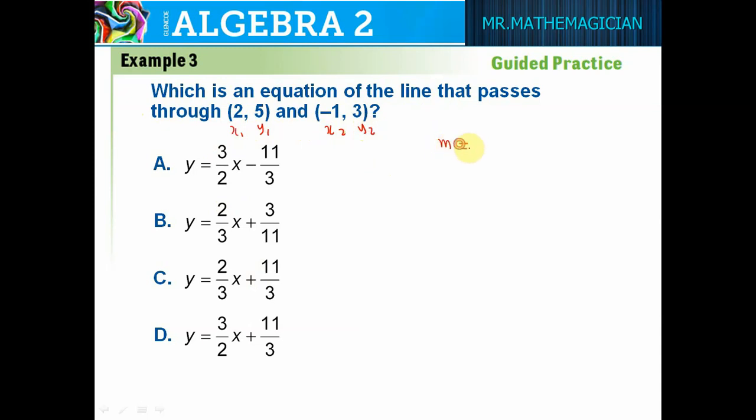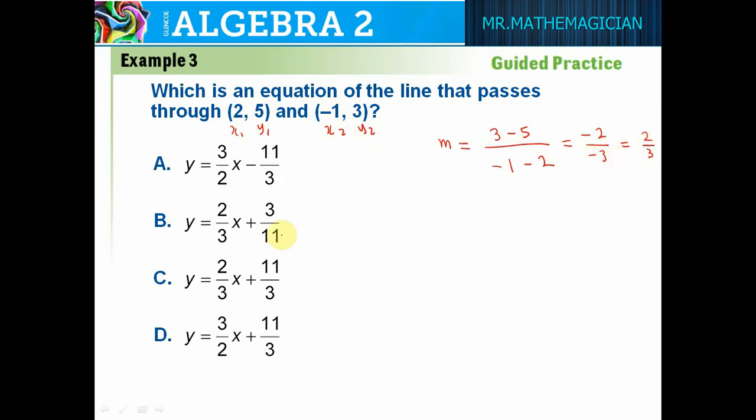M equals y2 minus y1, 3 minus 5, over x2 minus x1, so negative 1 minus 2. 3 minus 5 is negative 2 over negative 3, means 2 over 3.